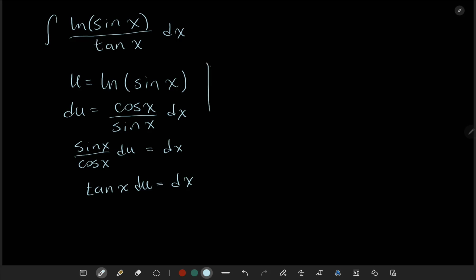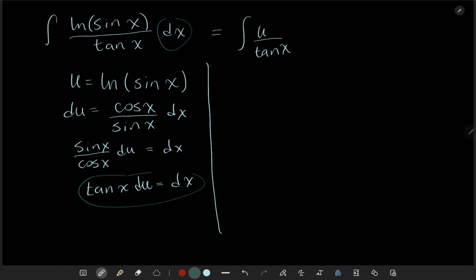And with that, I can substitute in. So natural log of the sine of x, I said, was going to be u. I'm going to leave that tangent alone because with my dx, I'm going to get a tangent that will cancel it right here. So your dx becomes the tangent du.